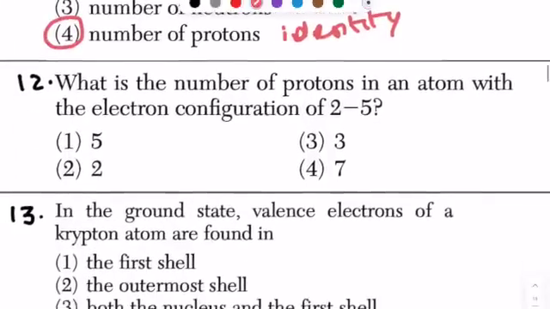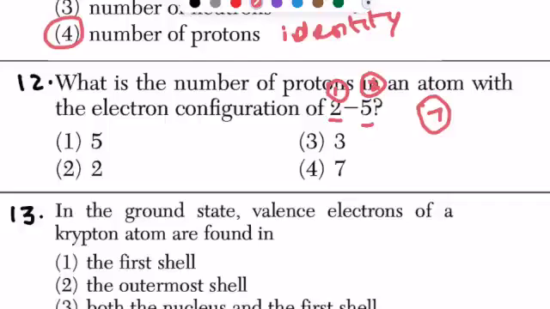What's the number of protons in an atom with the electron configuration 2, 5? Quick reminder on electron configuration: this means we have 2 electrons in orbit number 1 and 5 electrons in orbit number 2. So there are 2 orbits in this atom, and overall we have 7 electrons.